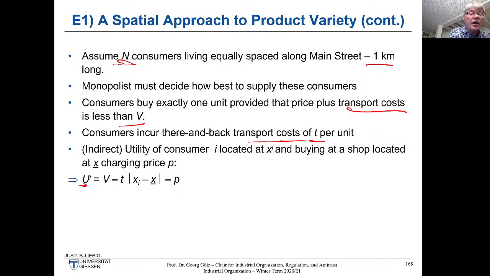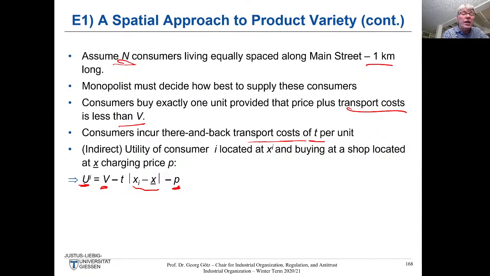So we have the utility of our consumer i. It's an indirect utility because it already takes account of the price. This consumer is supposed to have a reservation price. We assume that all consumers have the same reservation price, and here we have the distance from the store.